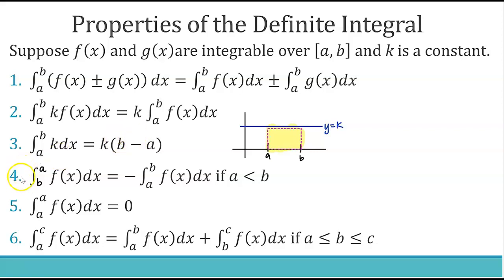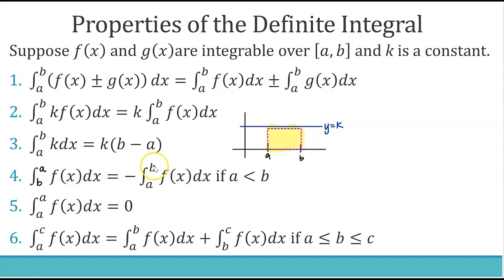For number 4, we have, if you're given the integral from b to a of f of x dx, so that's flipped. We're used to a to b, right? And the whole idea being we want smaller to bigger. So if it happens to be flipped and the bigger number is on the bottom, so b to a of f of x dx, what we can do, a property of these definite integrals, is we can flip the limits of integration.